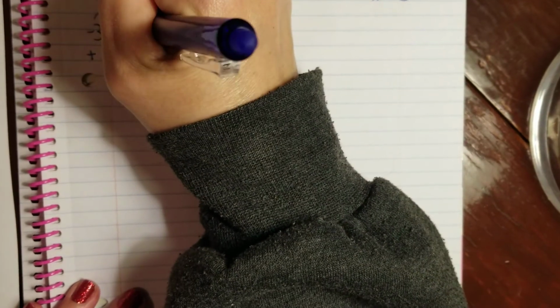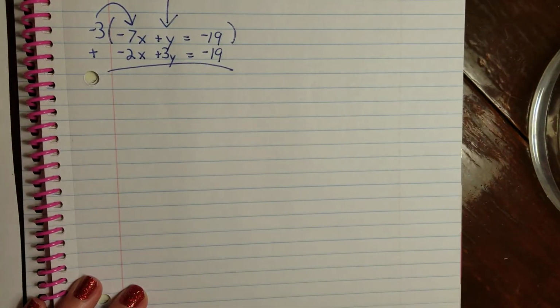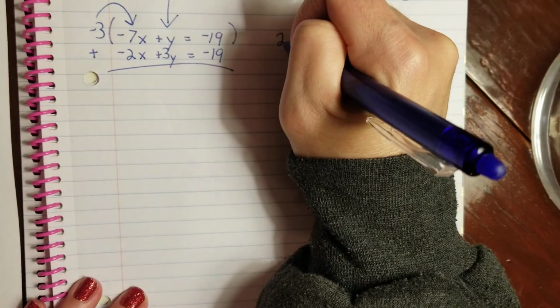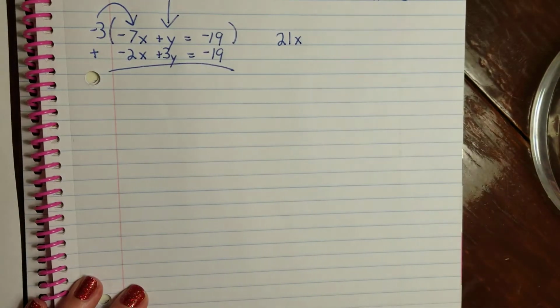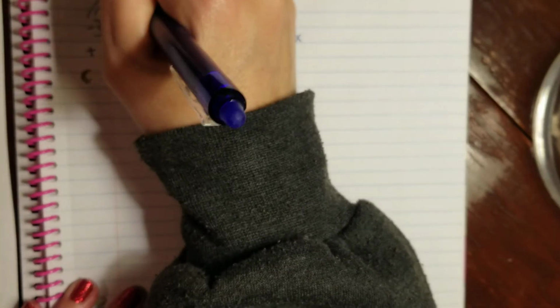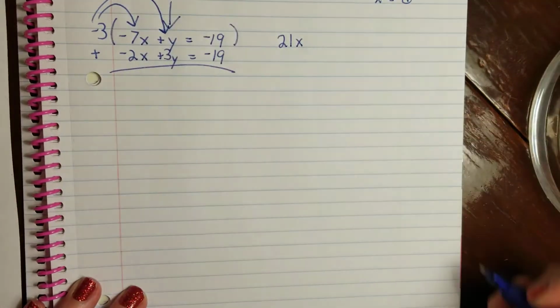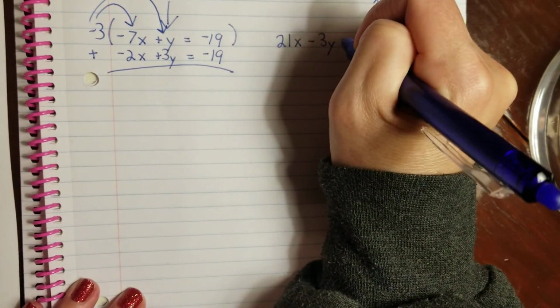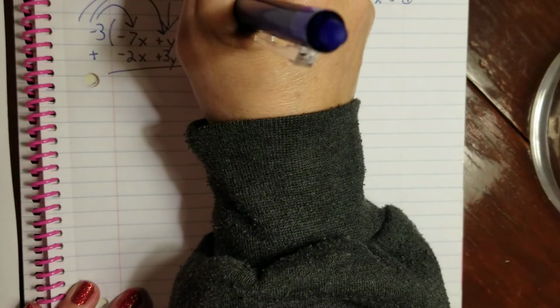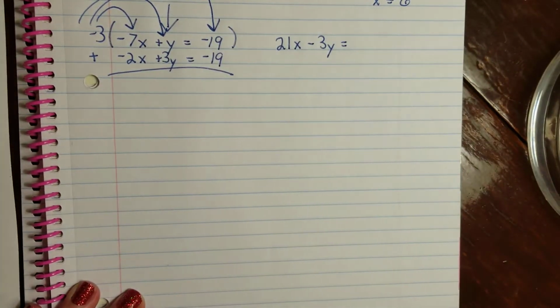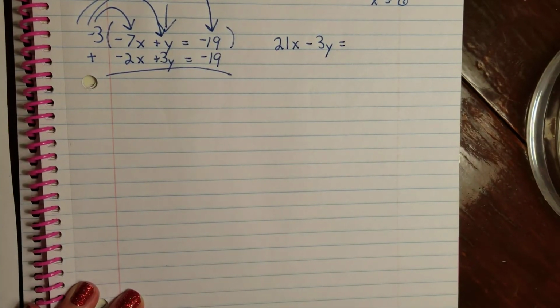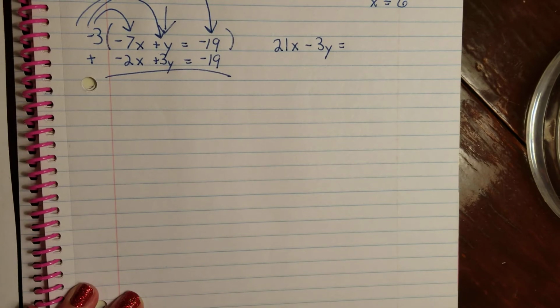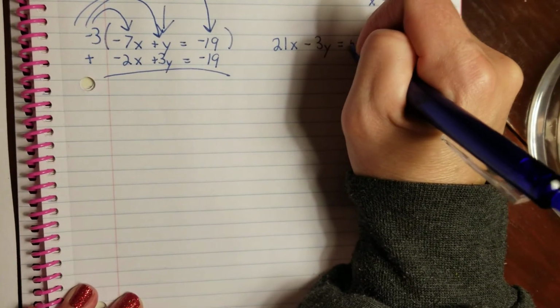So negative 3 times negative 7 gives me a positive 21x. Negative 3 times y gives me a negative 3y. Negative 3 times negative 19 is going to give me a positive 57.